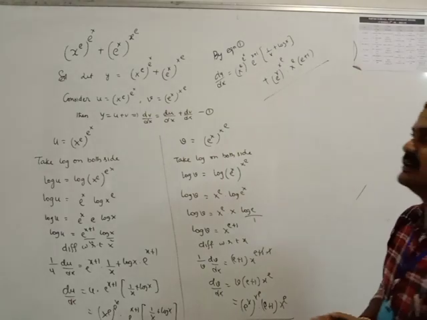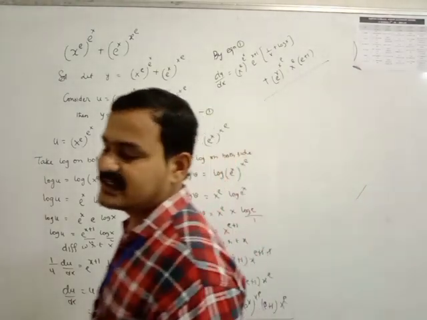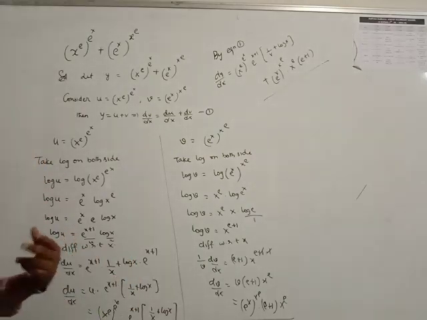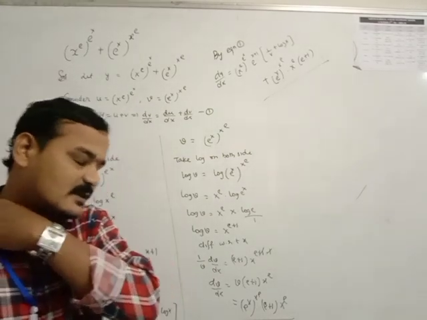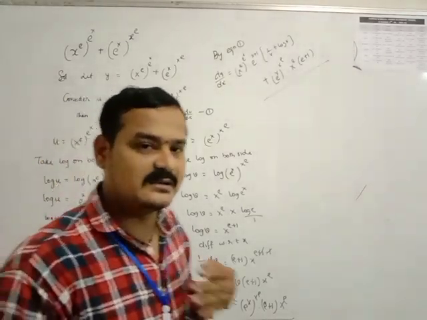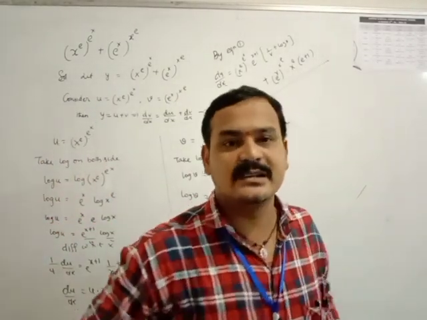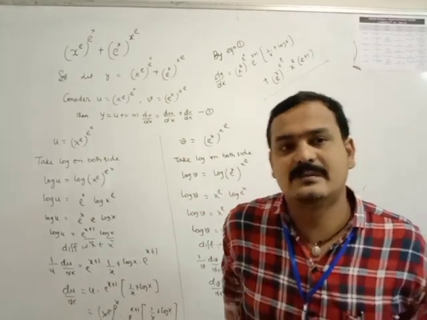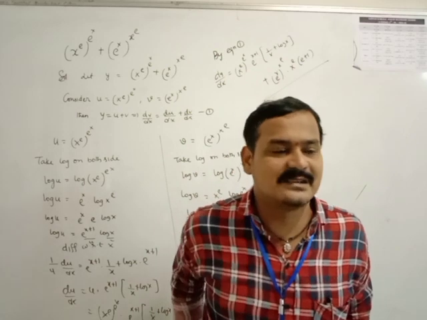So today we discussed two methods of differentiation. The first one is a single function, and the second one is a summation or subtraction of two or more functions. In the first method you can apply the log directly, but for the second method you cannot take the log directly, because we know that log of a plus b is never equal to log a plus log b.